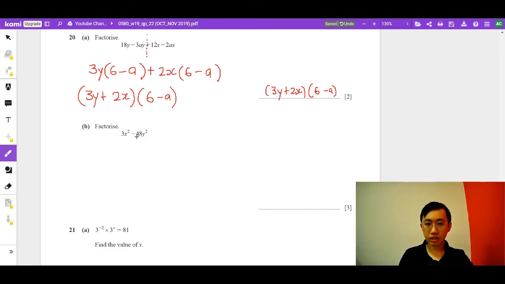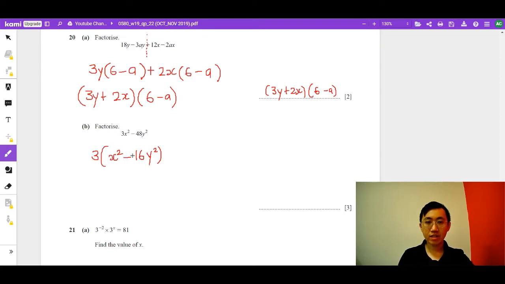Now B, I can see two terms. Let's factorize whatever we can. 3 and 48 can factorize out 3. So 3 times x squared minus 16y squared. You can get help from the calculator. Looking at the score, you can roughly predict there's more to do, and this one you can factorize further. You can do the difference of two squares.